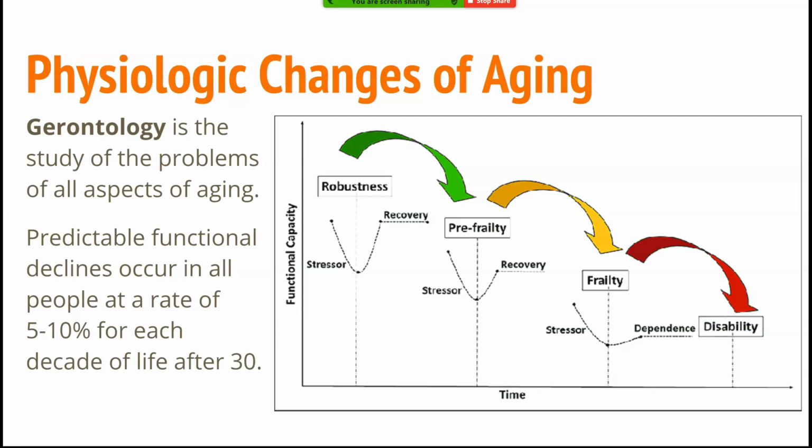Well, you recover, but you don't ever get back to the same level of activity you had before. And then it sort of becomes a downward spiral from there. There comes a breaking point in someone's life where the stressor becomes too much and now they become dependent for care.